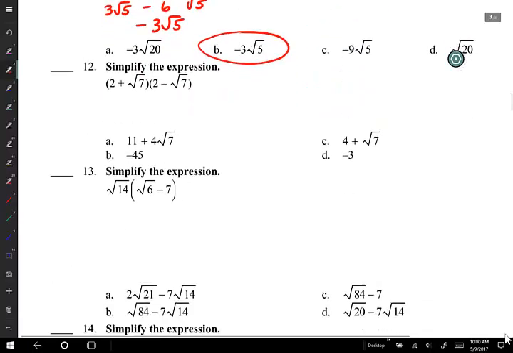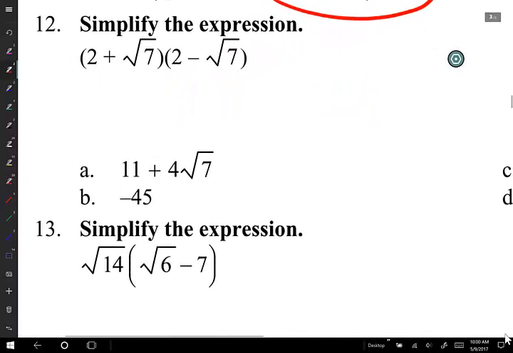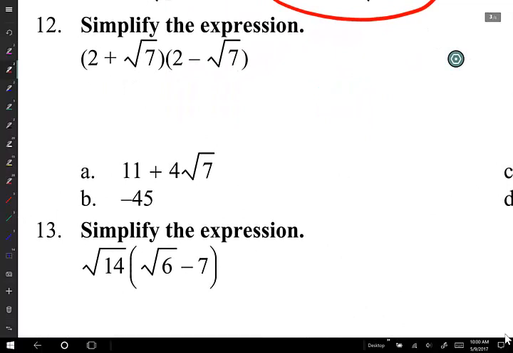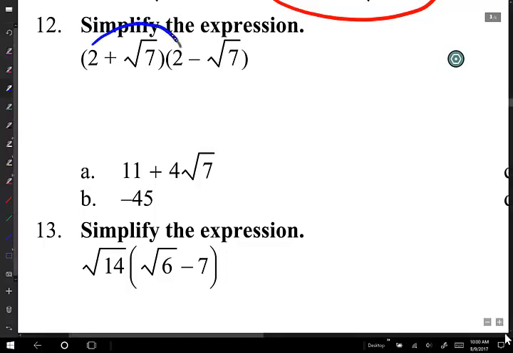All right, now we need to FOIL. What do you see about problem 12 that's nice? Do you remember what these two are called? Starts with a C. Conjugates. So let's FOIL here. 2 times 2 is 4. Outside, minus 2 root 7.